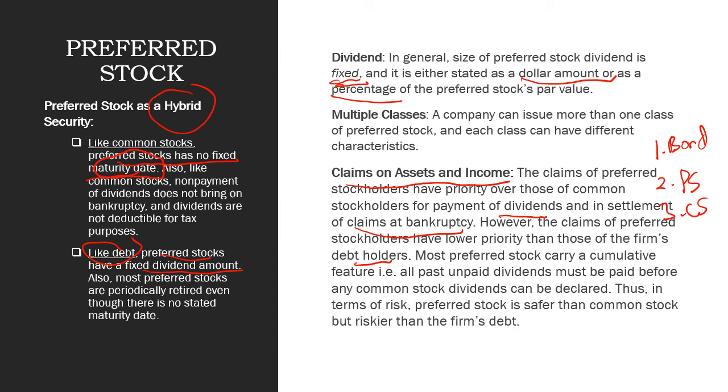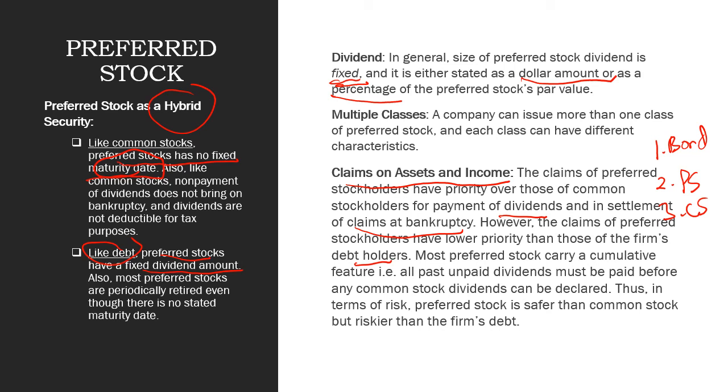The holder of the preferred stock also, in the case that the company did not record any positive income, or in fact the company is recording a loss in that particular year, this may lead to the preferred stockholder not being paid dividends.